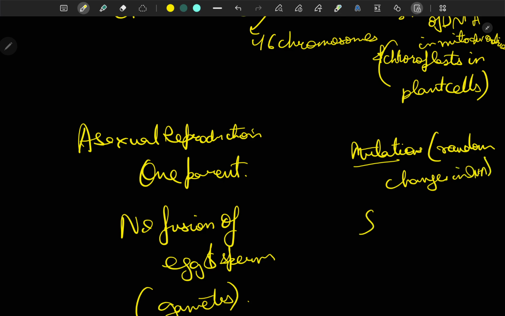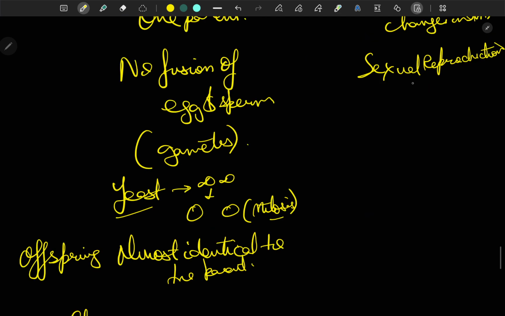And for variation, there's also sexual reproduction. In this reproduction, there are two parents. Each parent contributes half of the genes, so the offspring get a mix of genes from both parents.